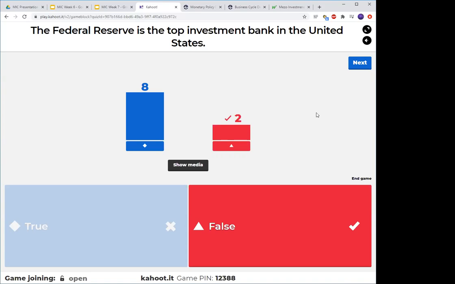They're all about making money. If you're smart and you want to go into finance and make a lot of money, you want to go into an investment bank. However, the Federal Reserve is, as Anna talked about, the central bank of the United States. The central bank is all about trying to maintain economic stability. So there's that.